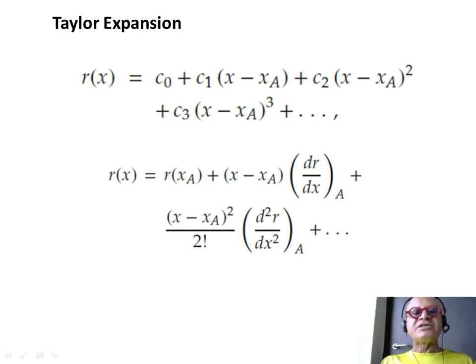You can expand R(x) into a series where the slope of R, dR/dx, and d squared R/dx squared, determine the terms in the series. So if you move away by a little bit from xA, the value of R(x) is going to be determined by the slope, the slope of the slope, the second derivative, and so on and so forth.